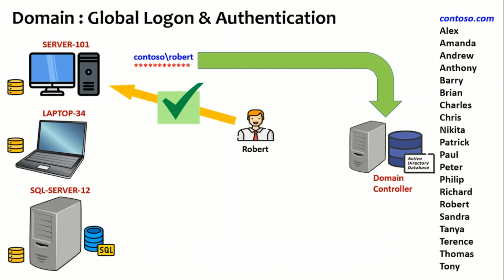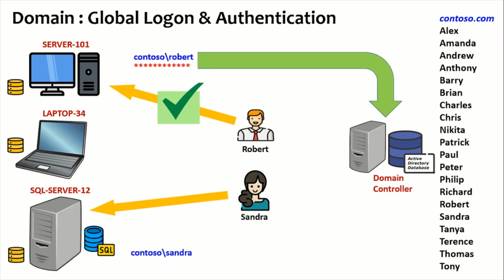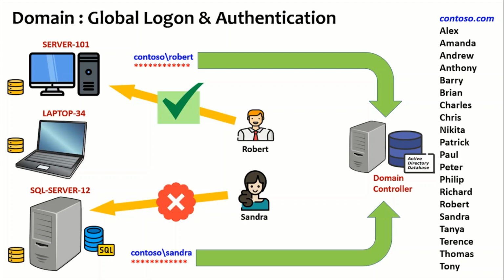Let's take another example. We have a user named Sandra. She tries to log on to SQL Server 12 with a domain username contoso/Sandra. She provides her password. Now this request again comes down to the domain controller for authentication, and unfortunately Sandra provided a wrong password, so the domain controller will not allow Sandra to log on to SQL Server.